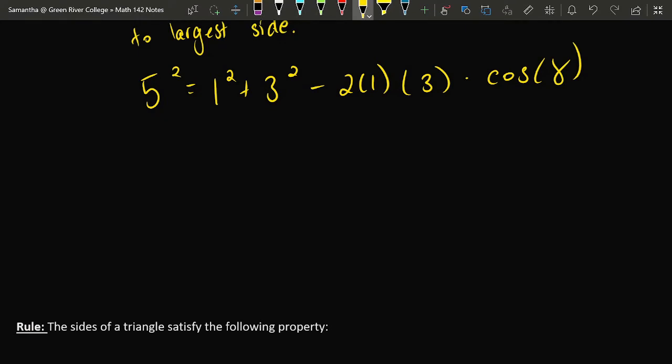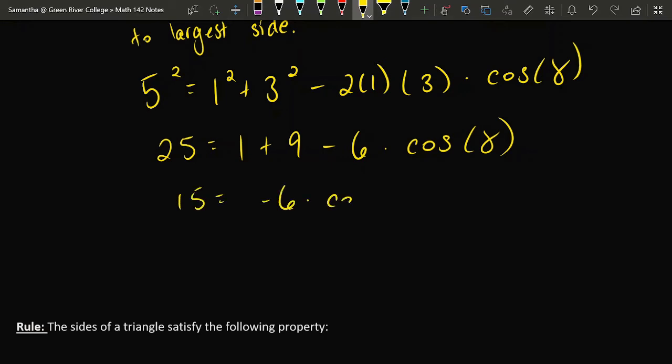Now 5 squared is equal to 25, 1 squared is 1, 3 squared is 9, and 2 times 1 times 3 is equal to 6. Now let me move the 1 and the 9 to the other side. So that's 15 equals negative 6 times cosine of gamma, which means that I need gamma to be an angle such that cosine of that angle outputs the number negative 15 divided by 6.